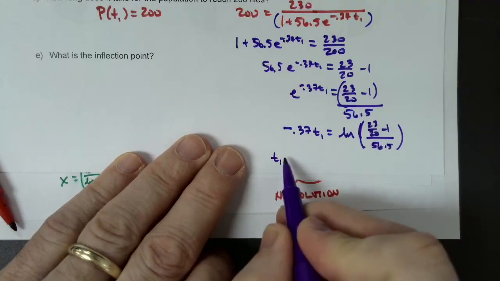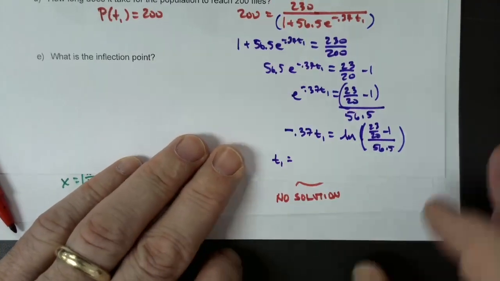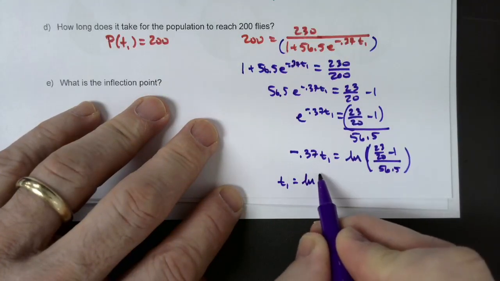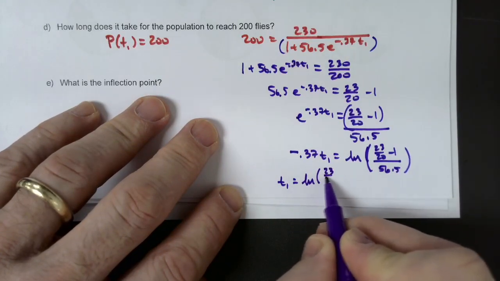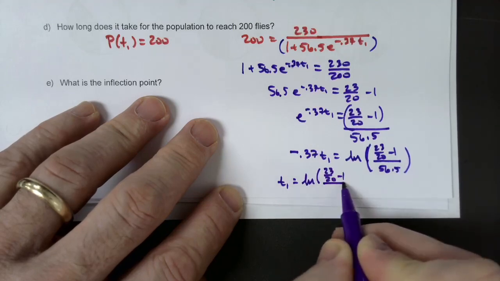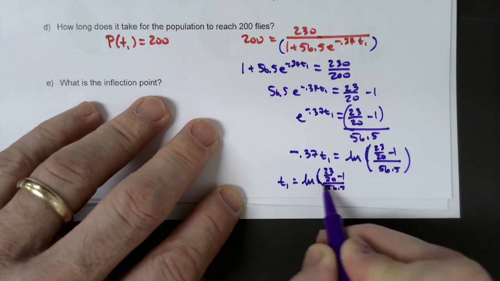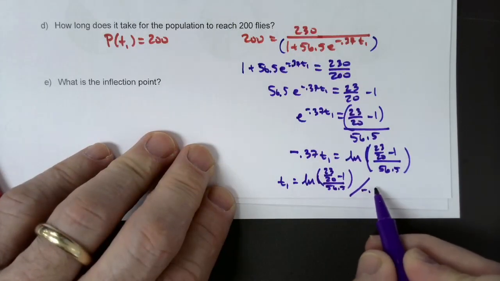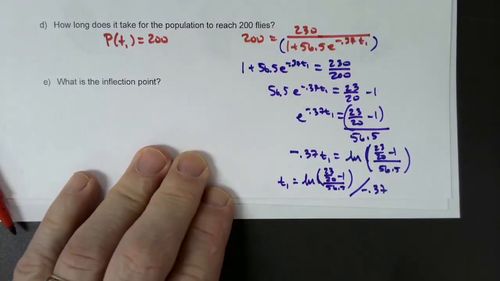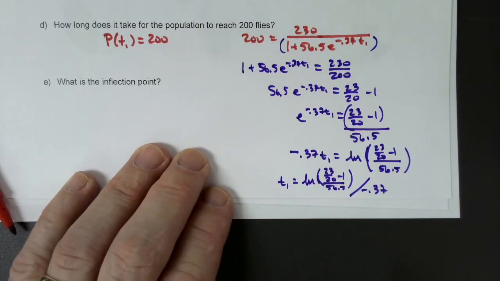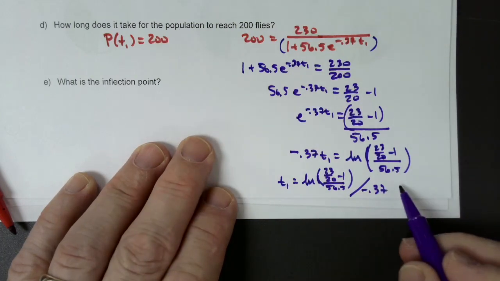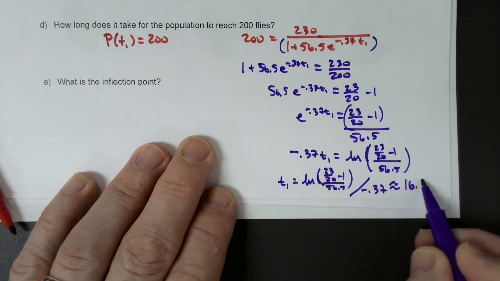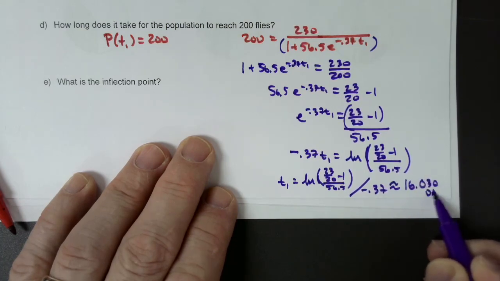And hopefully our calculator has good enough battery to put all this in there, because we're going to have to take the natural log of 23 divided by 20 minus 1, all divided by 56.5. And then take all of that and divide it by negative 0.37 to get our t. Fortunately, I was able to put that in the calculator ahead of time and got 16.030 days.